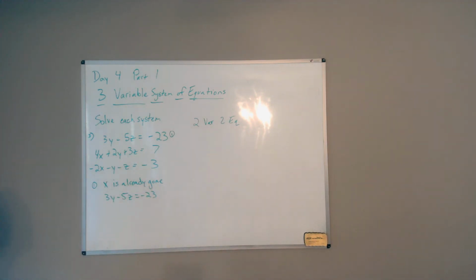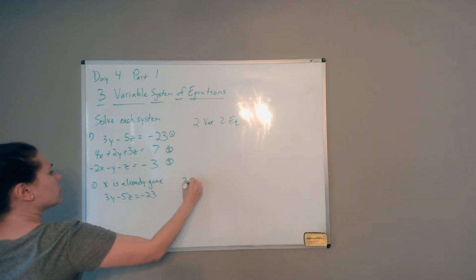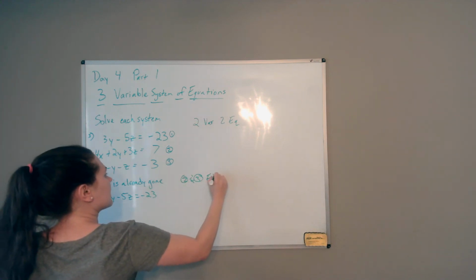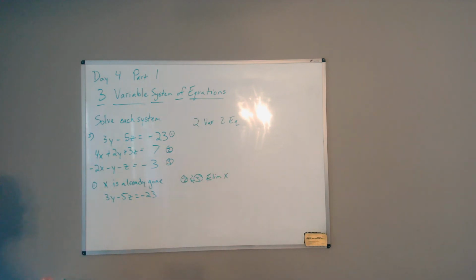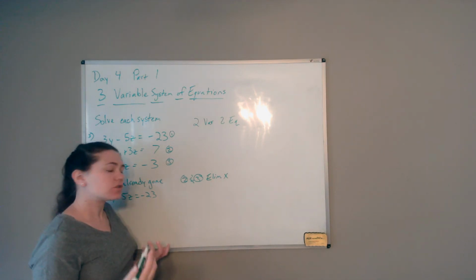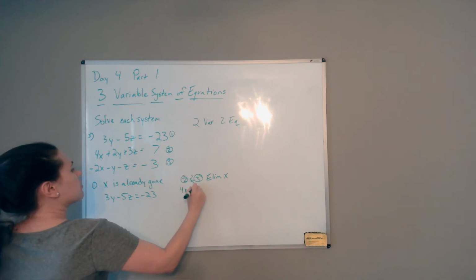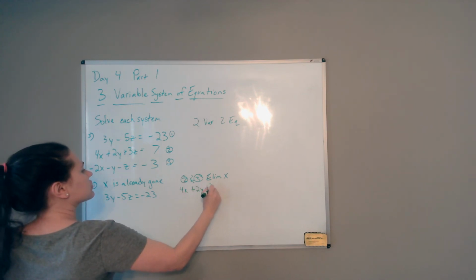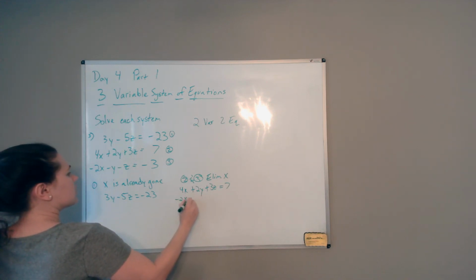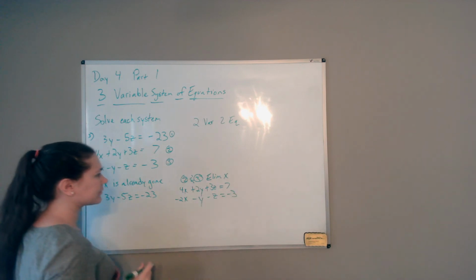So all I need to do is take equation 2 and equation number 3 and eliminate x, and then I have 2 equations without x in it. So I'm going to take equation 2, 4x plus 2y plus 3z equals 7, and negative 2x minus y minus z equals negative 3.